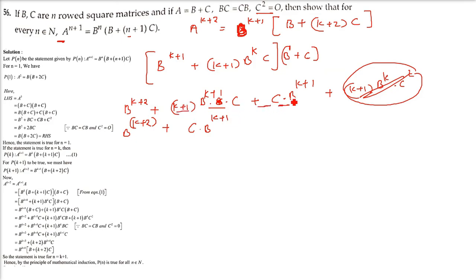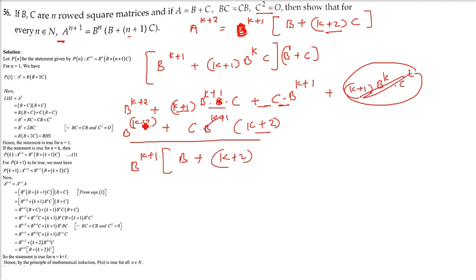So k plus 1 remain here and 1 from here. So k plus 2 will be there. And now we'll take b raised k plus 1 common from all these two. What is remaining here? Only b. This already we have taken b raised k plus 1. So only k plus 2 into c will remain.